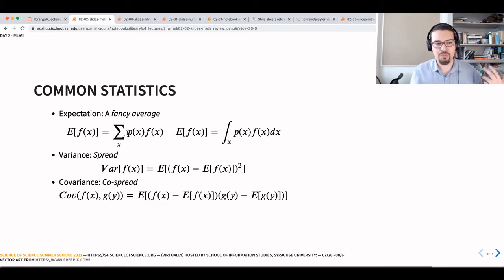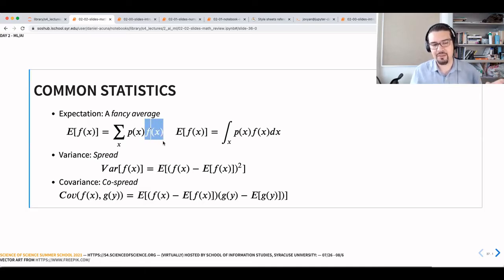The way to compute this fancy average, or expectation, is to take the values of your elements and multiply them by the probability that they happen. So you have a differential weighting of your values. And everything falls down from there. Variance, kurtosis, all the higher moments, as they are called in statistics, are just the result of the expectation of some function.